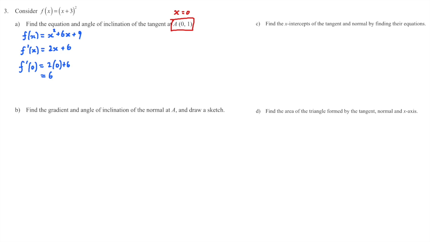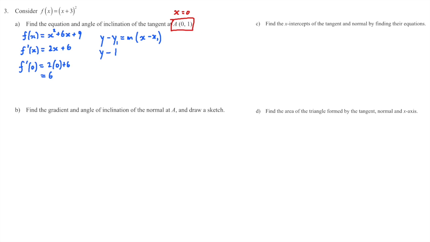So I can find the equation of the tangent using this formula here. So it becomes y take y1, y take 1 because there's x1, there's y1.